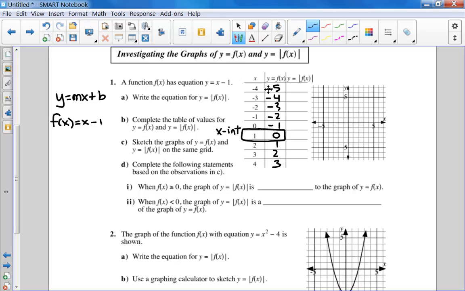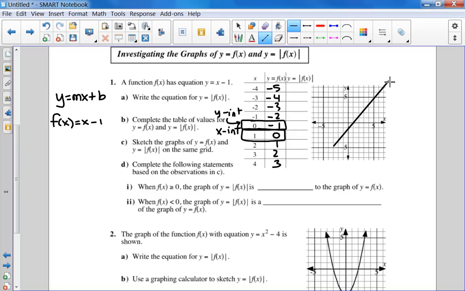So we can plot that point. And of course you can plot the y-intercept as well. This one here is the y-intercept. And of course, once you have 2 points, all you need to do is connect with a straight edge. So you would grab your ID card or whatever. And we have our line.